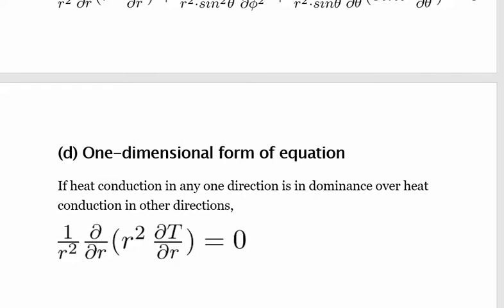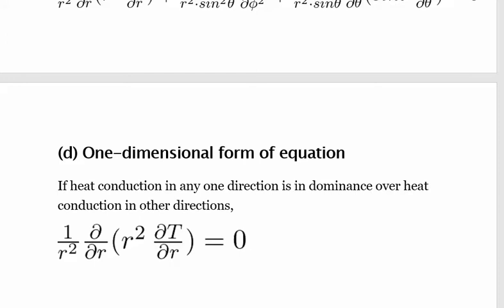The next is the one dimensional form of the equation. If heat conduction in any one direction is dominant over the conduction in the other directions, the values of the other coordinates will become 0 or will be neglected.